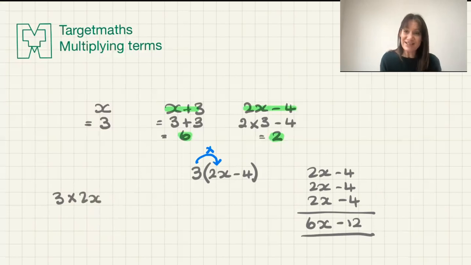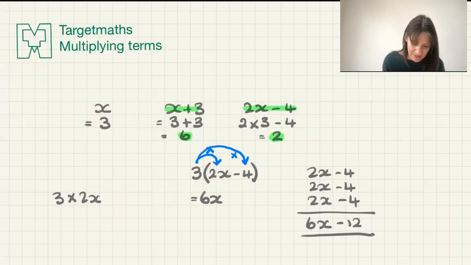And we have this skill from the previous work that we've done. We know to multiply the numbers together. So that's going to give us 6. And then the x stays with it, 6x. I'm then going to repeat this, take the 3 and multiply it to the number inside the bracket. That is giving me 3 times minus 4.